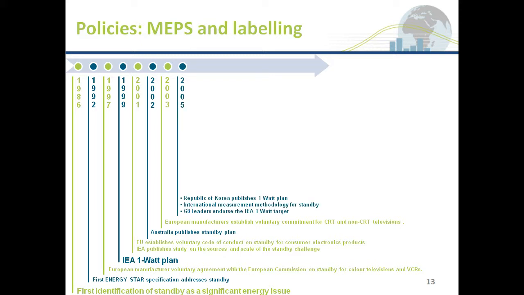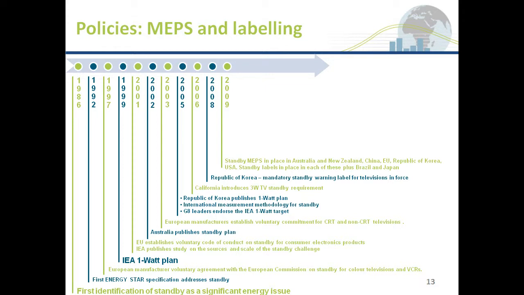And perhaps one of the better examples of a comprehensive policy approach is that which has been implemented in the Republic of Korea, and that first emerged in 2005 and is arguably the most comprehensive package, which incorporated voluntary labeling for products, then warning labels coming in for products that exceeded a certain standby power, and finally in 2009 in the Republic of Korea mandatory minimum requirements were introduced, and this was backed up by a comprehensive awareness campaign working with manufacturers, and you'll see in the graphs perhaps evidence of some of the impacts of that comprehensive approach.